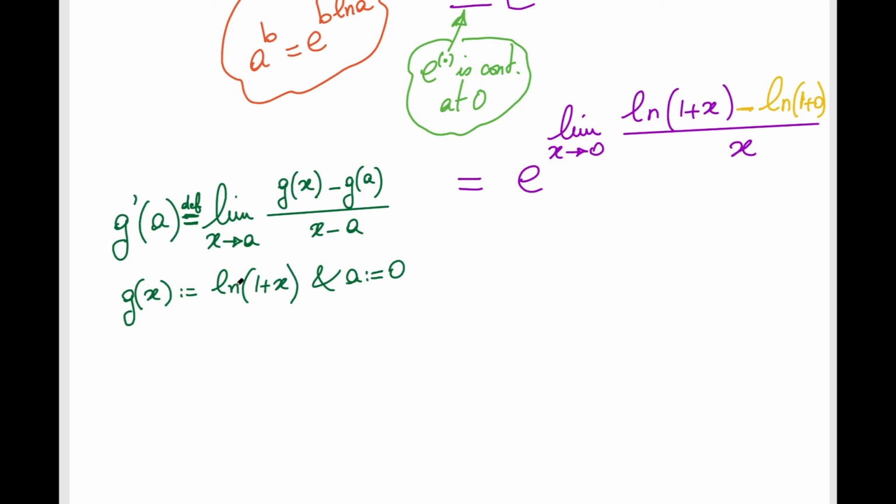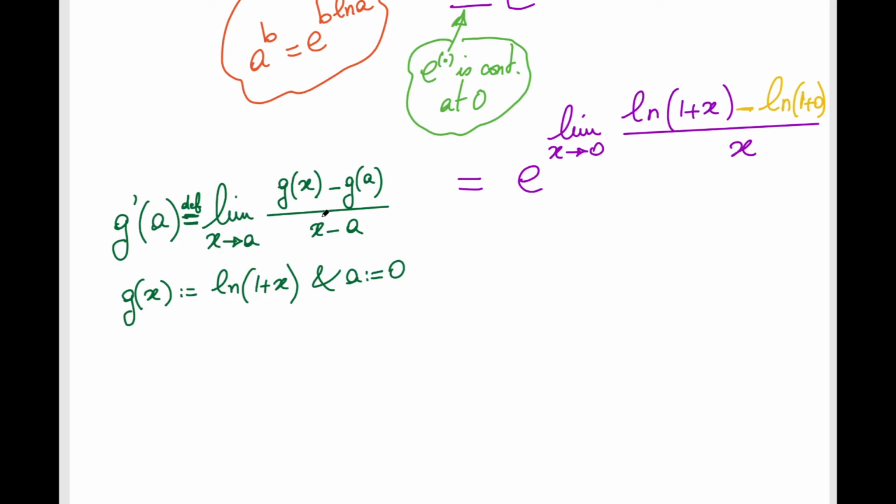This function is differentiable for any x bigger than -1, as long as 1 plus x is bigger than 0. So at 0, this function is differentiable. As such, this is gonna be a finite thing, and the derivative of that function is gonna be that number.